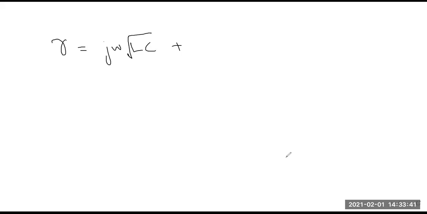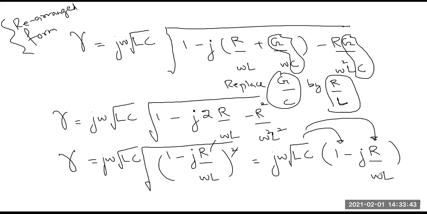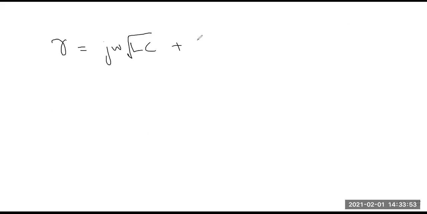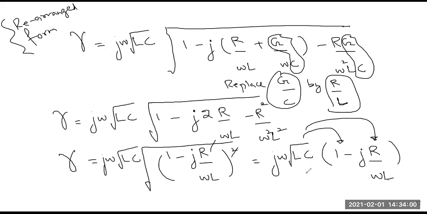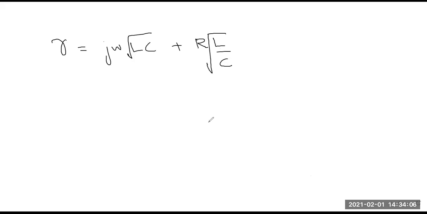And then you have omega. So this omega and this omega will cancel out. Then also you have L under root and you have L over here. So if you simplify this, you will get this result. That is plus R L by C under the root. So this thing multiplied by this thing will give you this term.